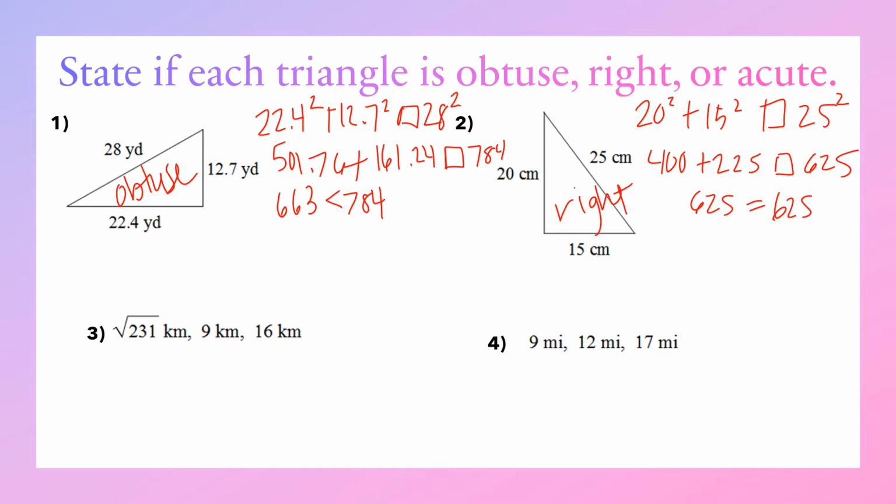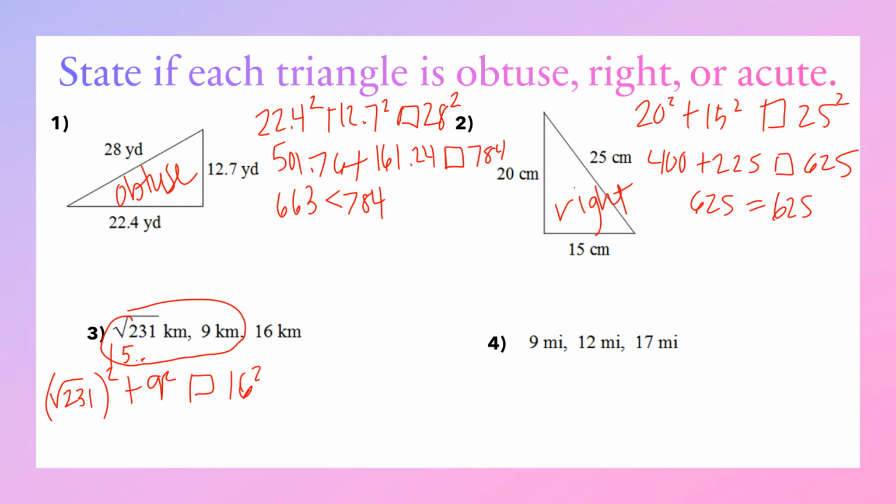So the square root of 231 would be like 15 point something. So obviously these two here are your two shortest sides. So we're going to set it up as the square root of 231 squared plus 9 squared is equal to, less than, or greater than 16 squared.